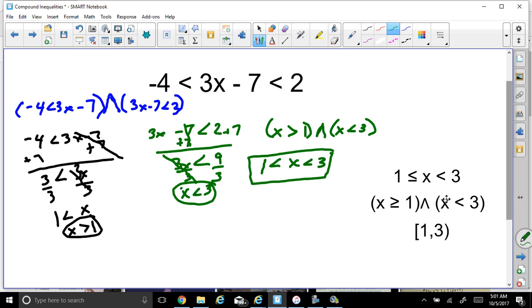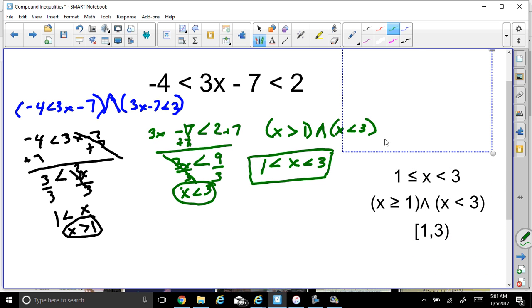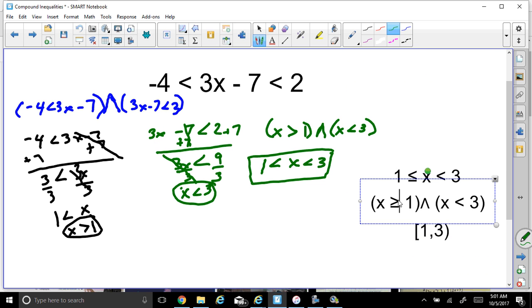Now I notice I wrote something in parentheses. Did I leave out something? Was there an equal to sign? Oh, no, there was no equal to sign, so let's get that out of there. I don't want to leave anything that's not correct. So that should be greater than 1, not equal to.